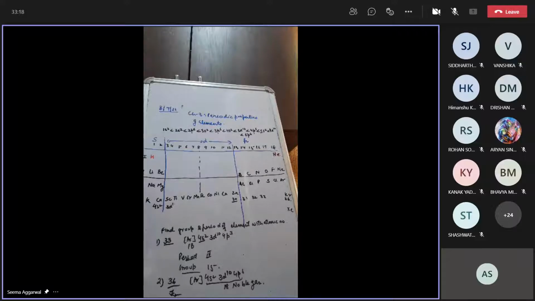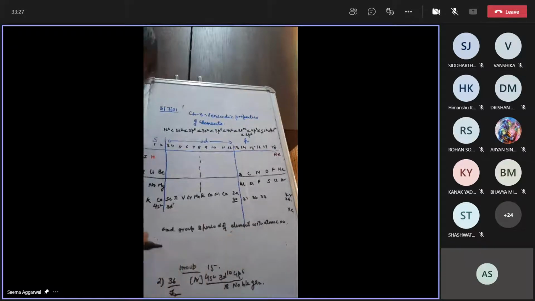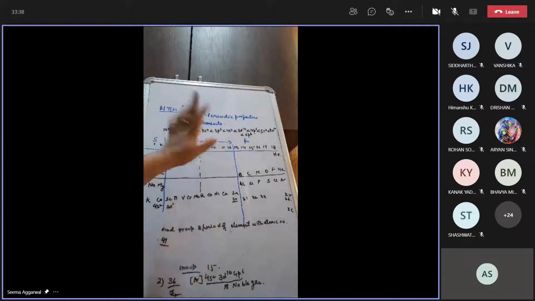Now see further. If I am giving you an element with atomic number, randomly, suppose 41. Now try to write down the electronic configuration. You have to keep the Aufbau principle in mind.